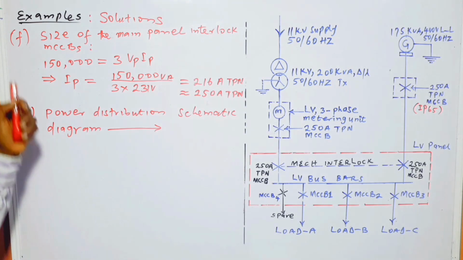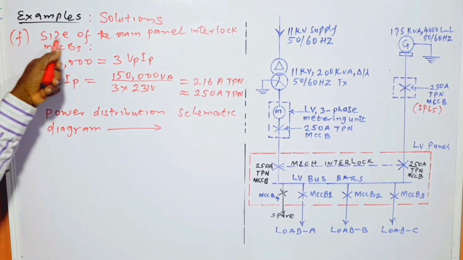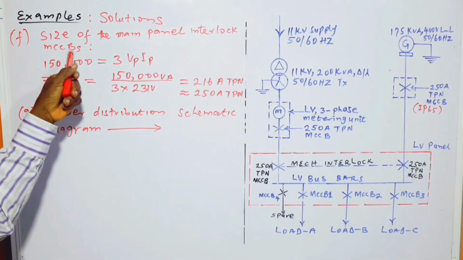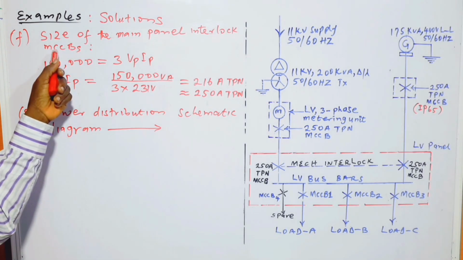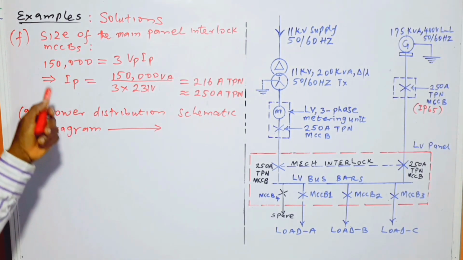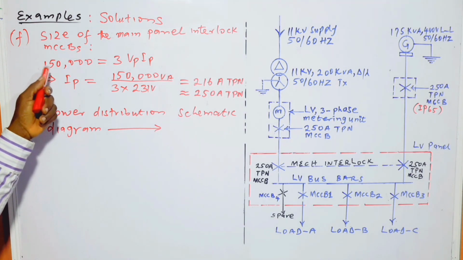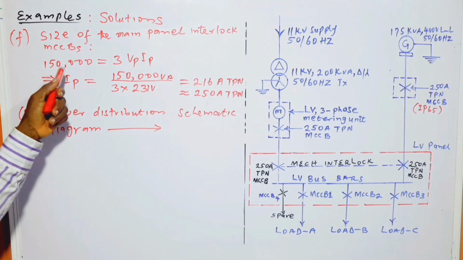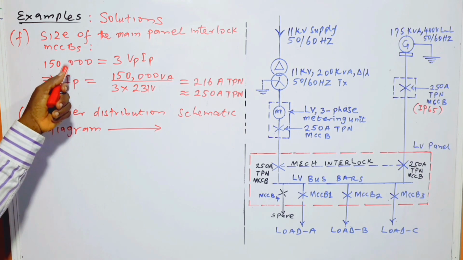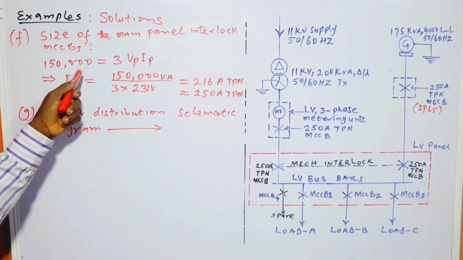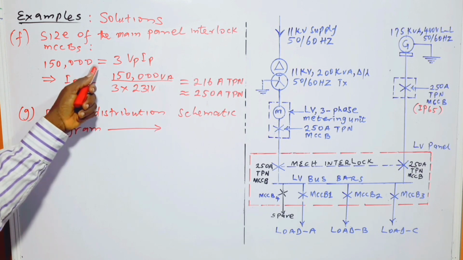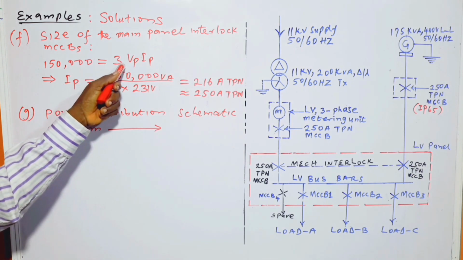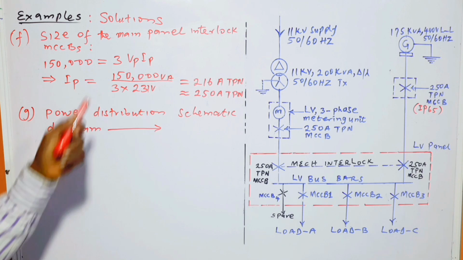Now, moving on. F part, size of the main panel interlock MCCBs. MCCB means moulded case circuit breaker. So, we take 150 kVA that we calculated earlier to be the apparent power, and we equate it to 3 times V phase I phase.